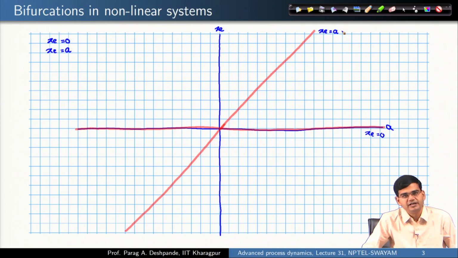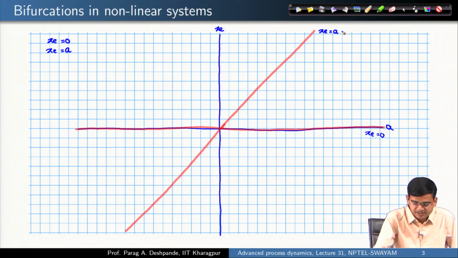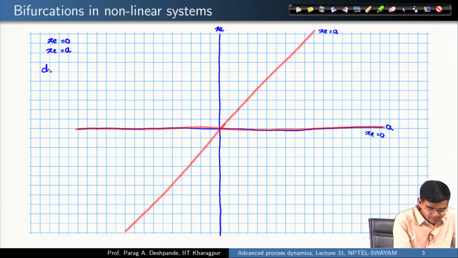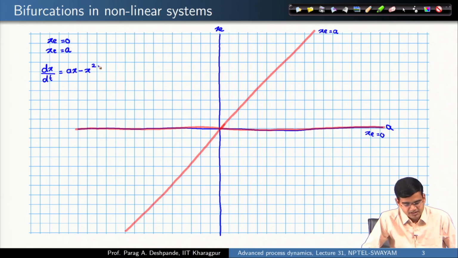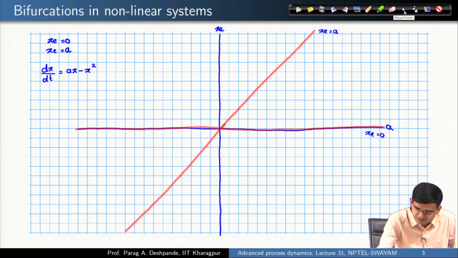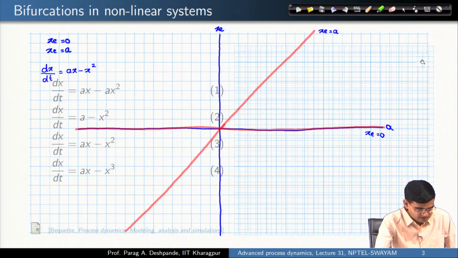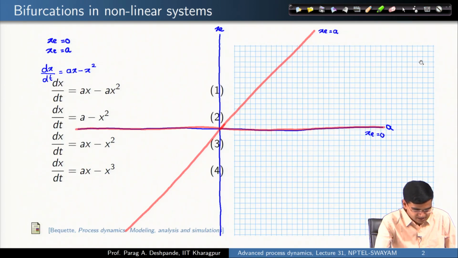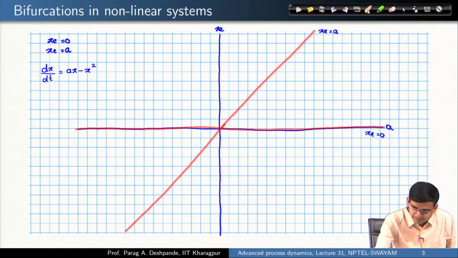Now, let me analyze different parts of these 2 lines and analyze which part is stable and which part is unstable. So, my equation was dx by dt is equal to a x minus x squared. Okay. So, let me check whether this was the equation, a x minus x squared, correct. So, this was the equation.